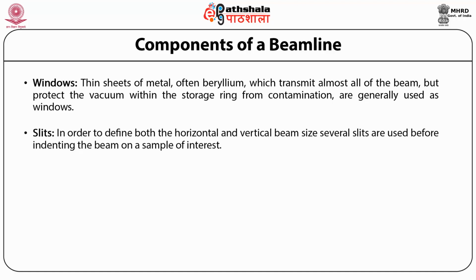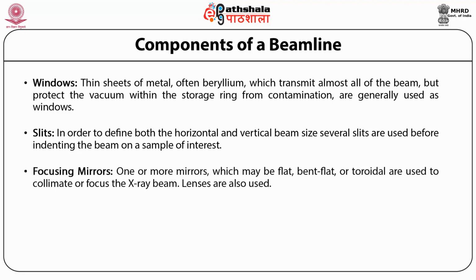In order to define both the horizontal and vertical beam size, several slits are used before incident the beam on a sample of interest. Fourth component is the focusing mirrors. One or more mirrors, which may be flat, bent flat, or toroidal, are used to collimate or focus the X-ray beam. Lenses may also be used as focusing elements.